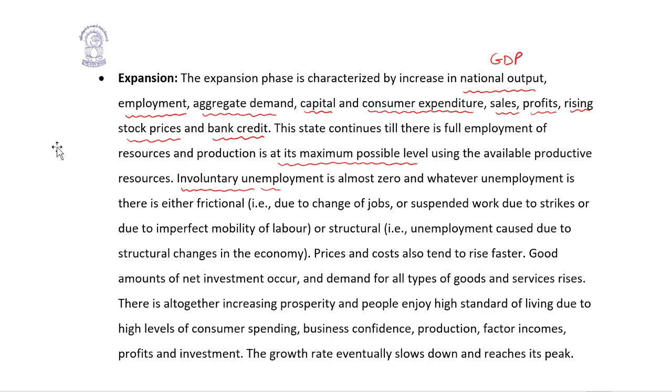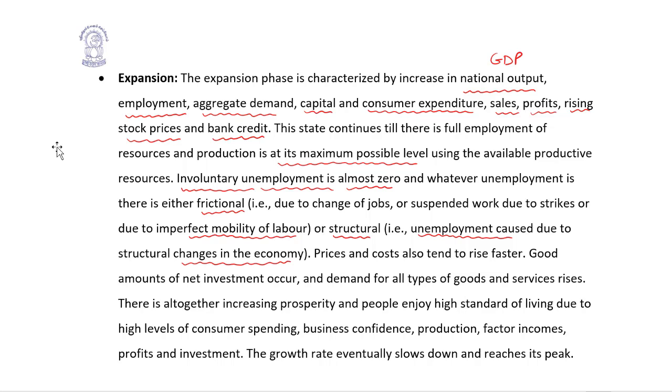So this is one of the crucial points: whatever unemployment is there is either frictional unemployment, that is due to the change of jobs, or suspended work due to strikes or due to the imperfect mobility of labor, or structural unemployment, that is unemployment caused due to the structural changes in the economy. So prices and costs also tend to rise faster.